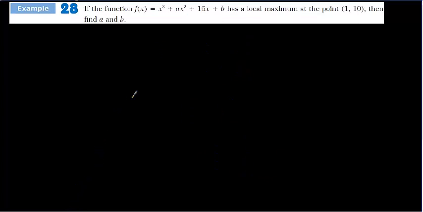This is the last question. The function x cubed plus ax squared plus 15x plus b has a local maximum at (1, 10).